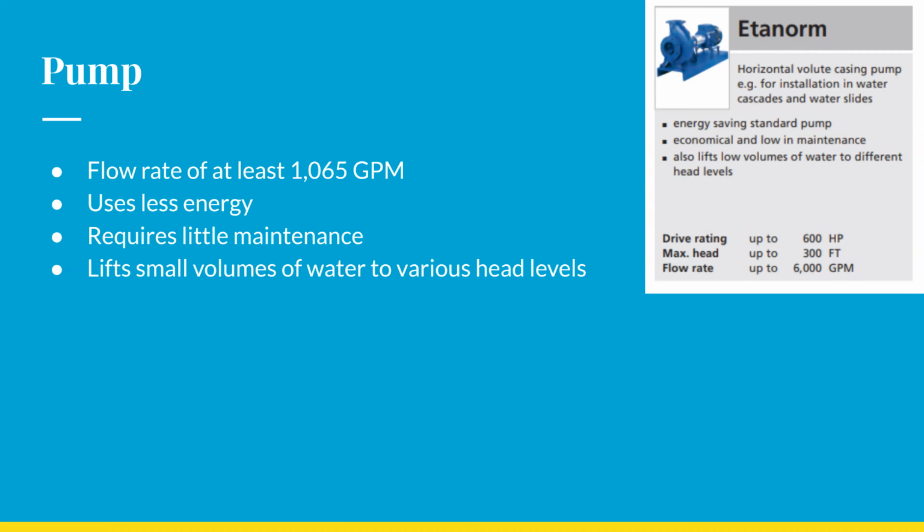We have to have a minimum of 1,065 gallons per minute to run our slide, and this pump is a good choice for us because, like I said, it can go up to 6,000. The pump was designed to use a little less energy, requires little maintenance, and lifts small volumes of water to various head levels.